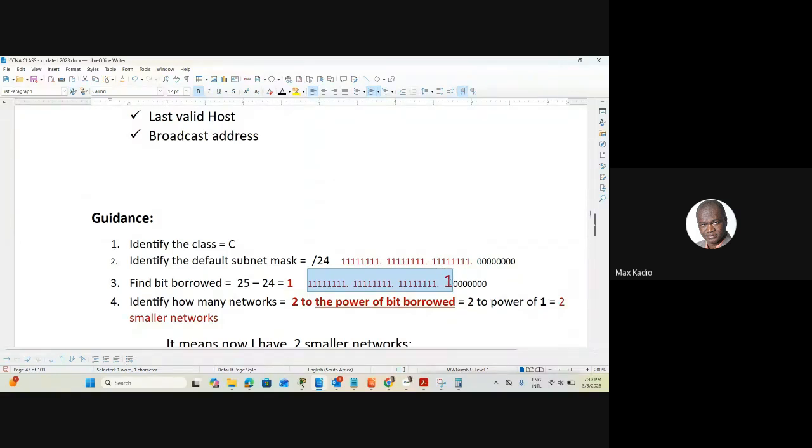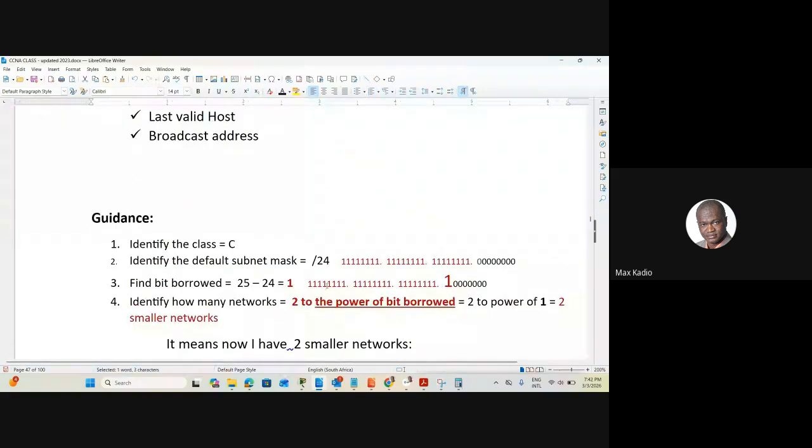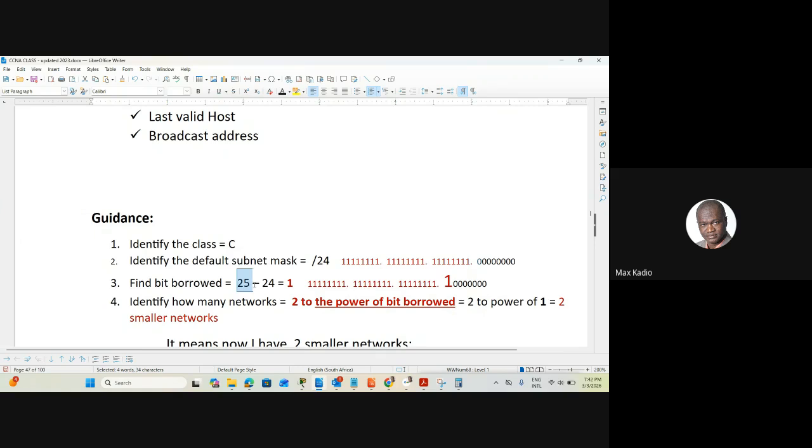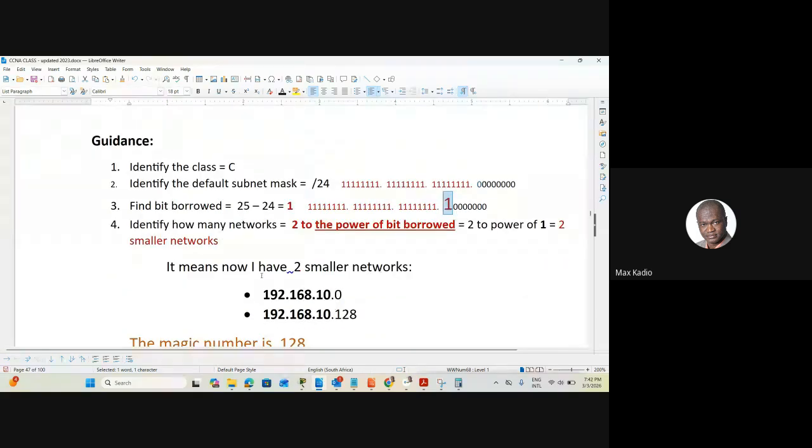If it says /25, you have 25 ones. So your very first 24, and you add 1 from the host. You borrowed 1 extra bit, because by default this is me. Now you say 25, it means you borrowed 1 extra. So now you need to find how many smaller rooms I have.